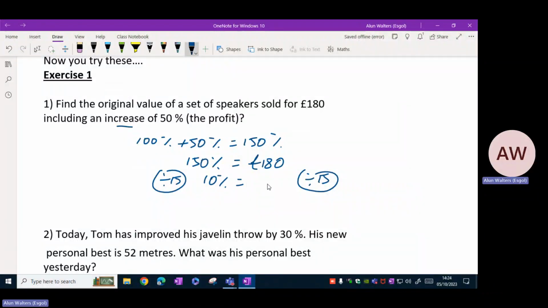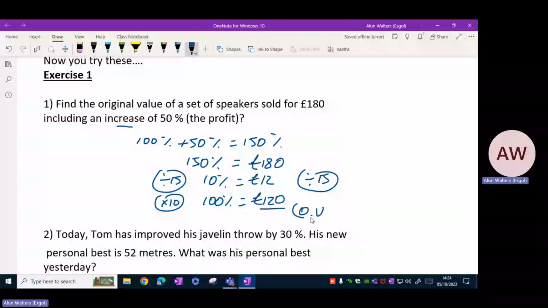So I'm going to say 10%, and when I divide 15 into 180, I've got £12. And then I'm going to multiply both sides by 10. And what I end up with then is 100% is £120. So £120 is the original value. Okay.